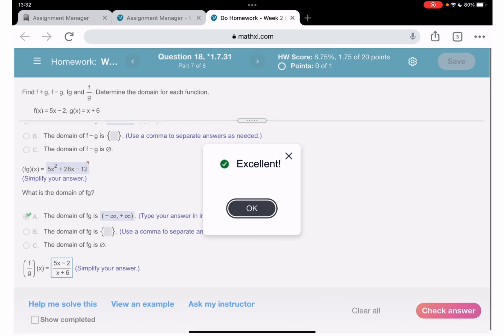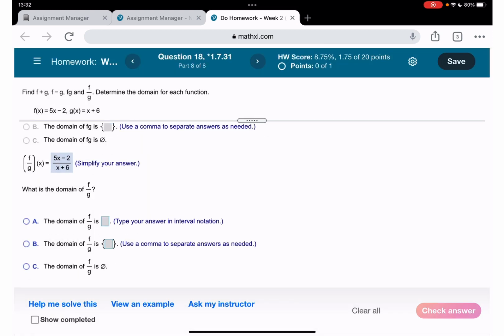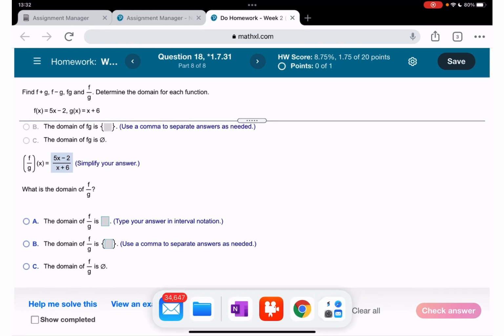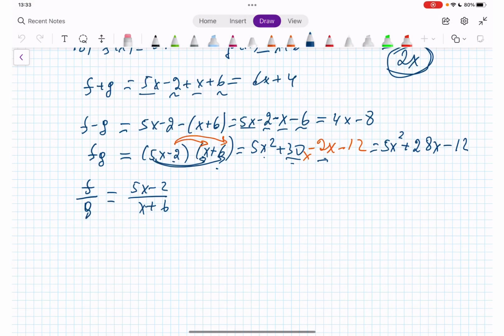Bingo. Now, for the domain here, it's going to be a different story. Here we have x in the denominator, correct? So how are we going to figure this one out? Very easy. We need to set x plus 6 equal to 0, right? And x is equal to negative 6.